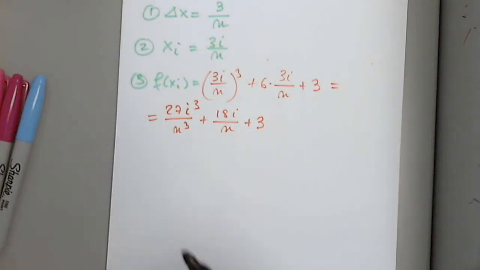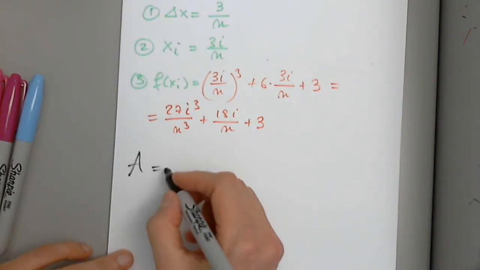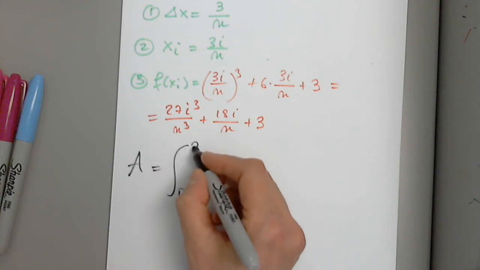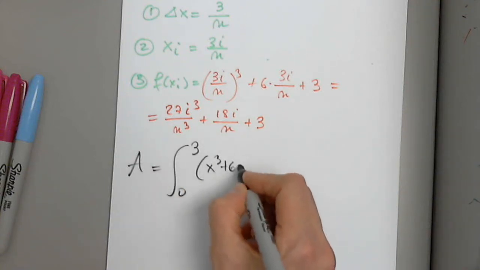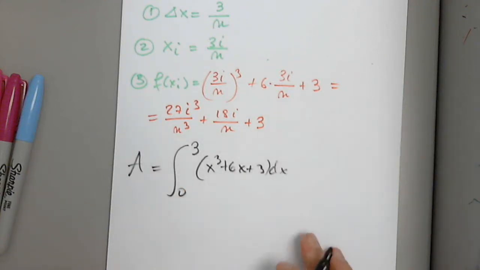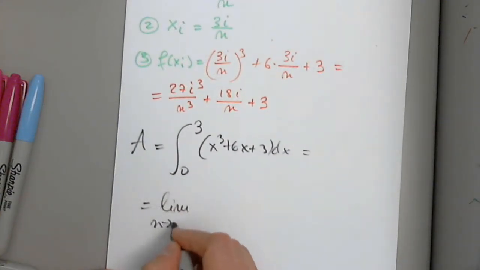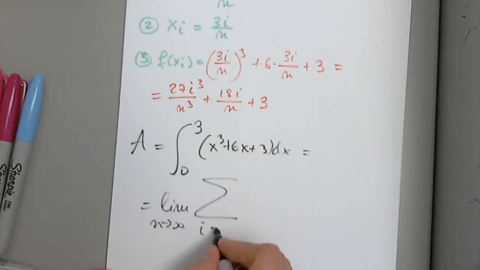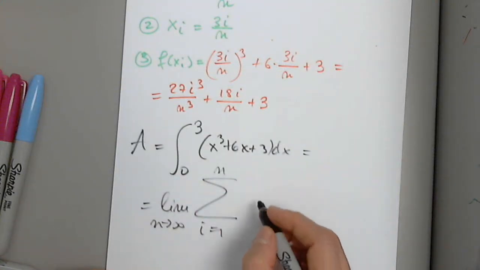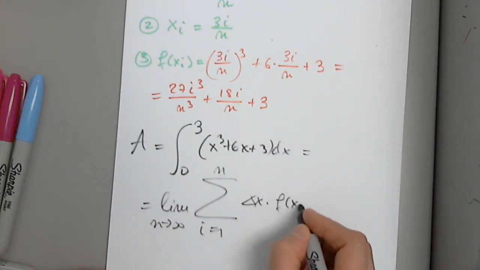And we have to remember that the area, the exact area, is first of all the integral from 0 to 3 of x cubed plus 6x plus 3 dx. But we are asked to find the limit as n approaches infinity of the sum from i equals 1 through n of delta x times f of xi.